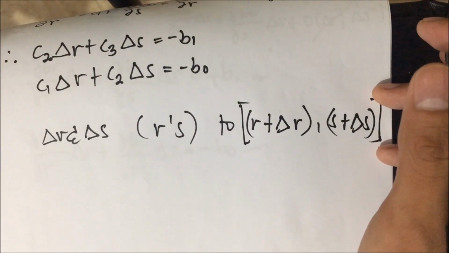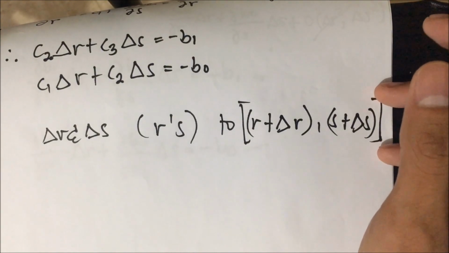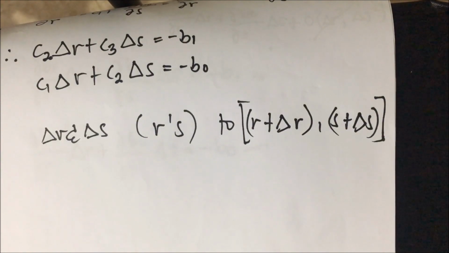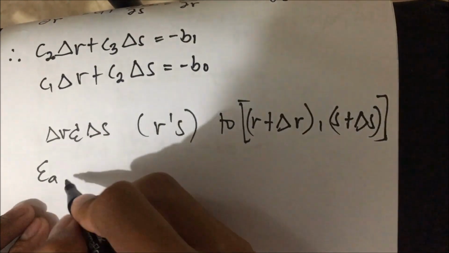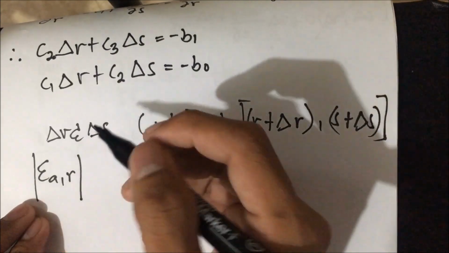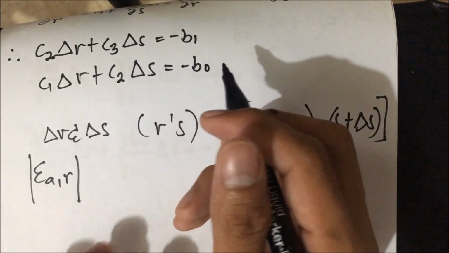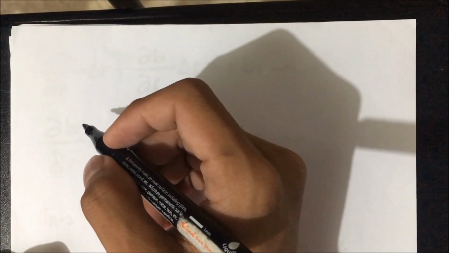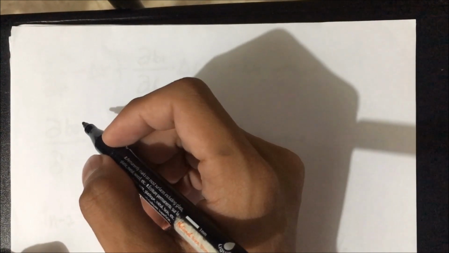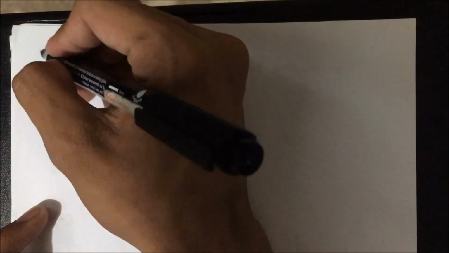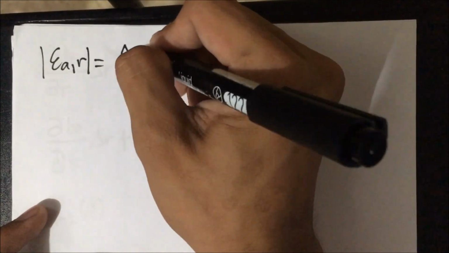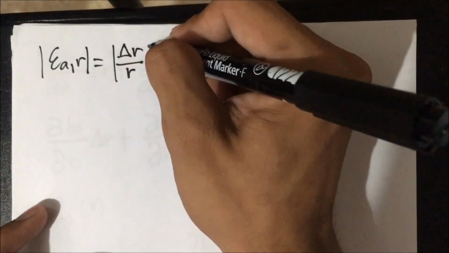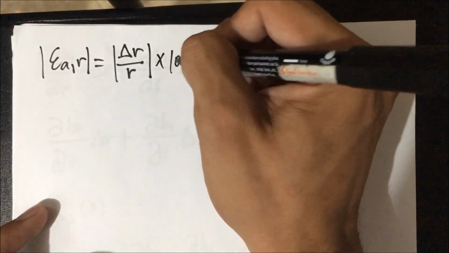Now, we can calculate the percentage of approximate errors in R and S by using this E sub A R is equals to absolute value of delta R all over R times 100%.